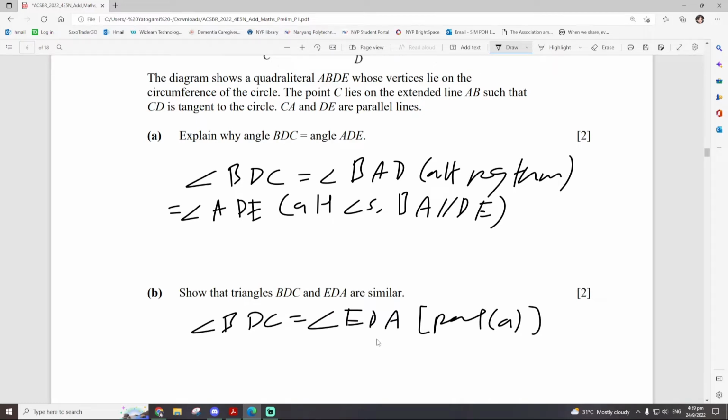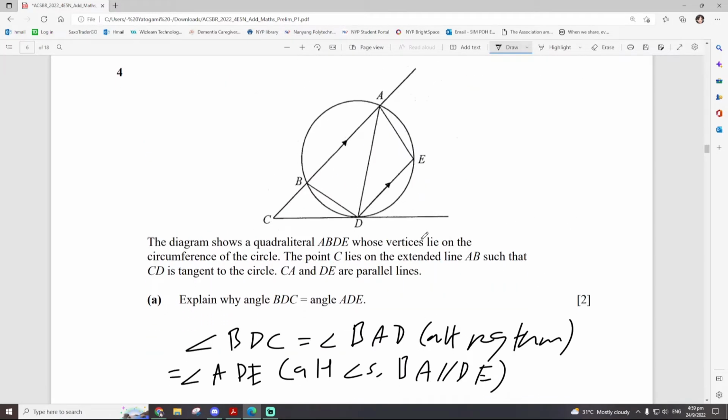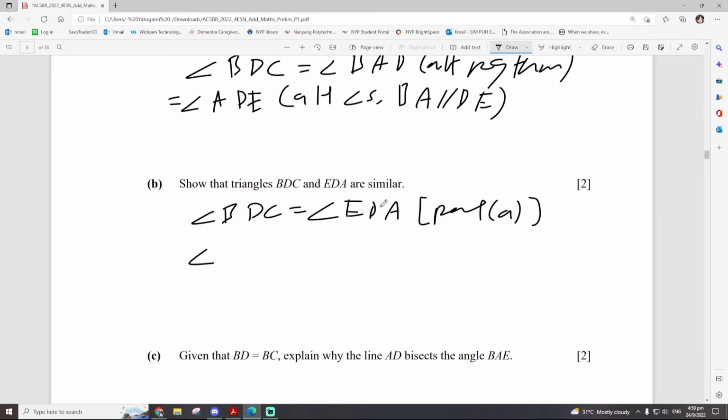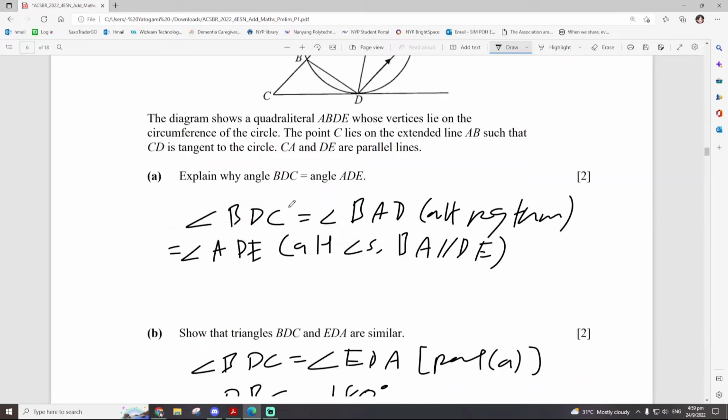Alright, so now I'm going to consider angle DBC. And I'm going to say that it's actually 180 degrees minus ABD.